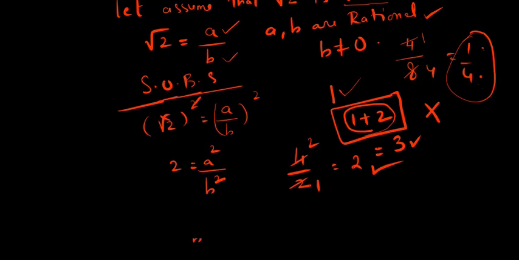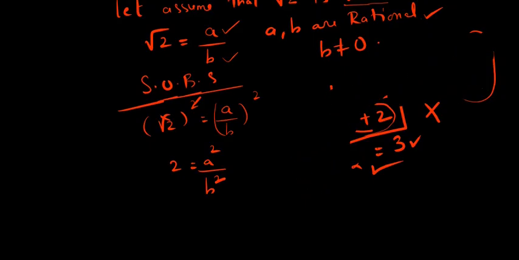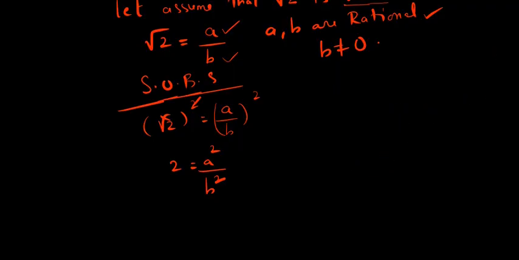That is, to become a rational number, it has to be a fraction. To become a fraction, a comma b should not have any common factor. That is, a comma b should be co-primes. What do you mean by prime number?